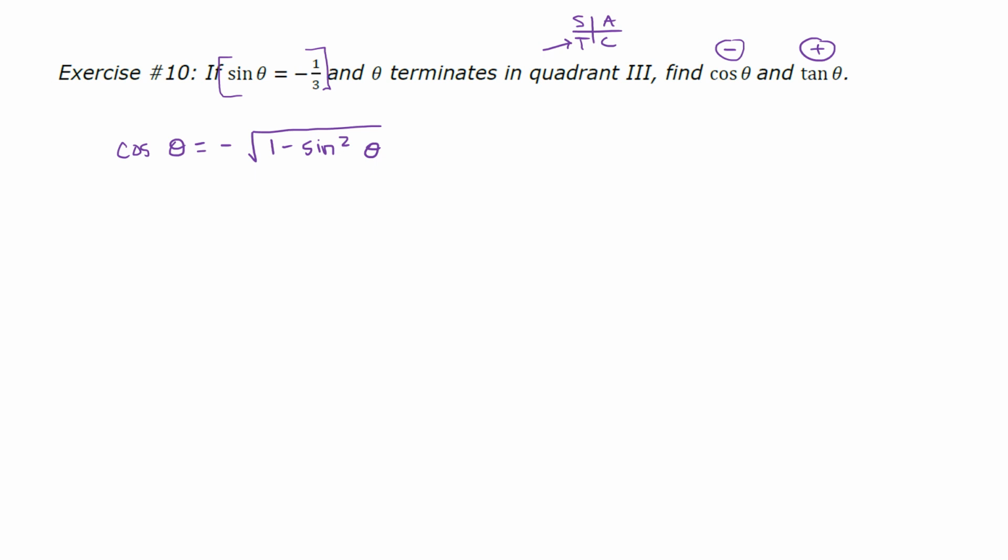So let's evaluate the right side. Sine squared theta is -1/3 squared, all under the square root. Simplifying -1/3 squared gets us 1/9. And then 1 minus 1/9 is 8/9.